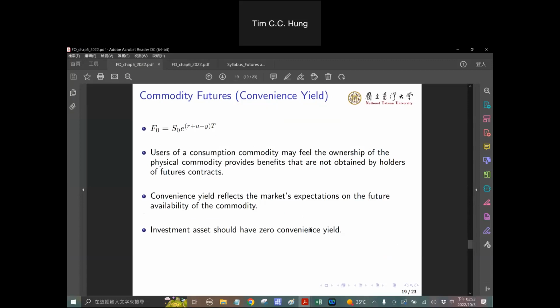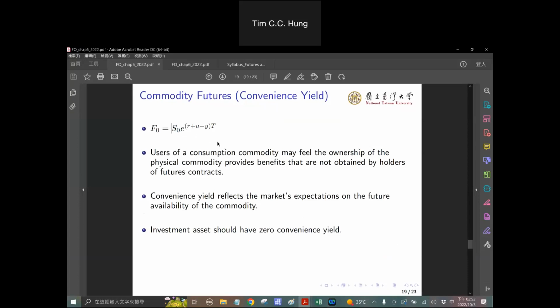If you hold more Treasury bills, they could have lower restrictions on their balance sheet. It could be any kind of reasons. But convenience yield is just a summary of such benefits, also expressed as a rate of return in terms of your spot price.